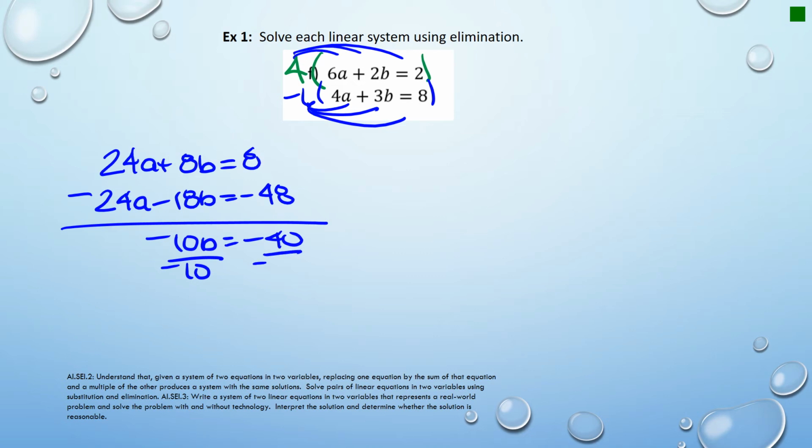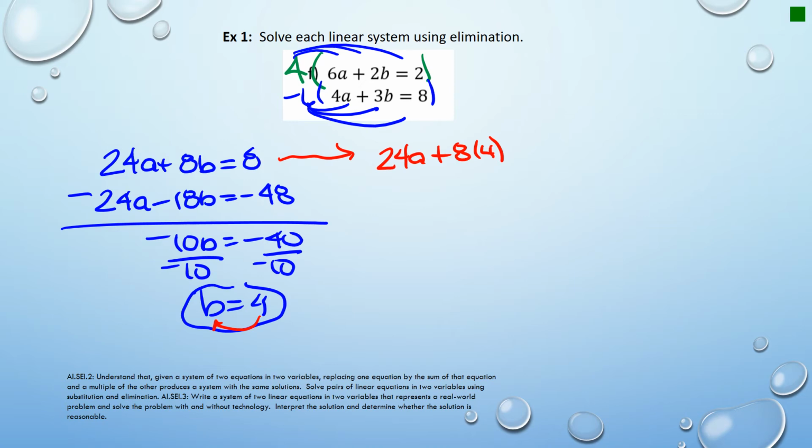Guess what happens if you lose those negative guys? You mess everything up. Be careful with your negatives. I'm going to just put it in this top one. I'm going to put 4 in for b. So I have 24a plus 8 times 4 equals 8. 24a plus 32 equals 8.